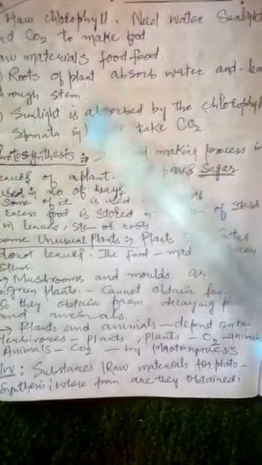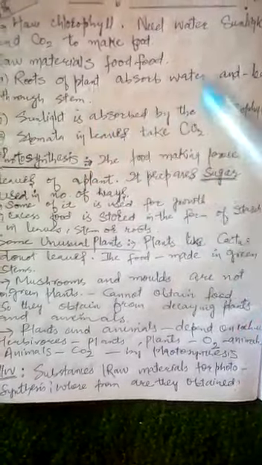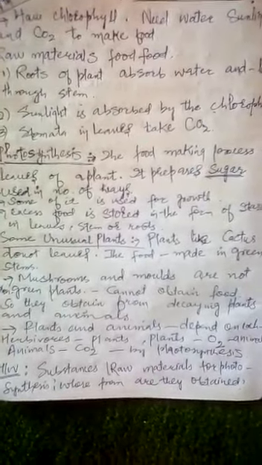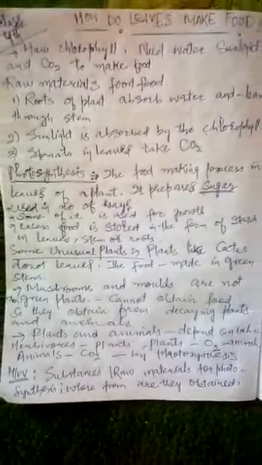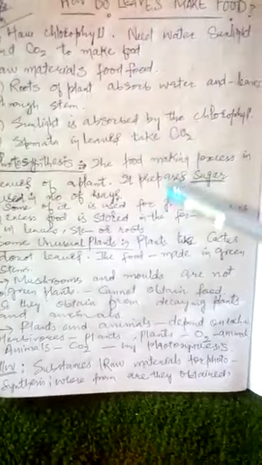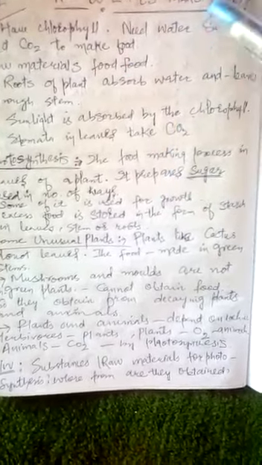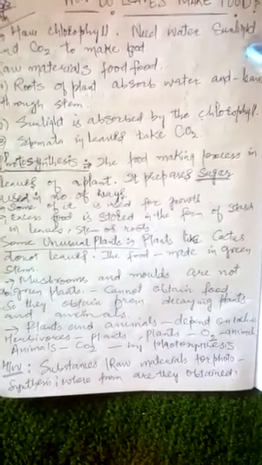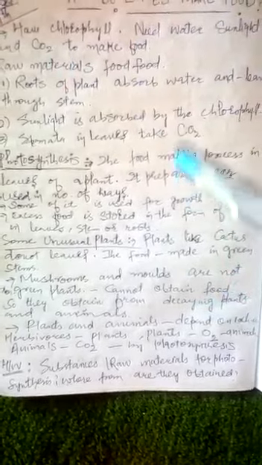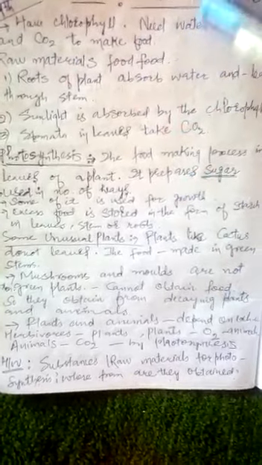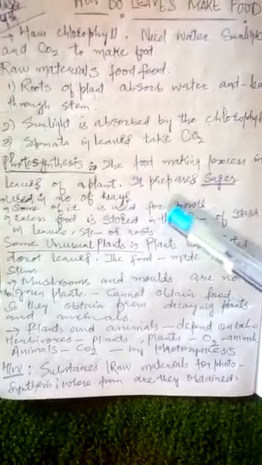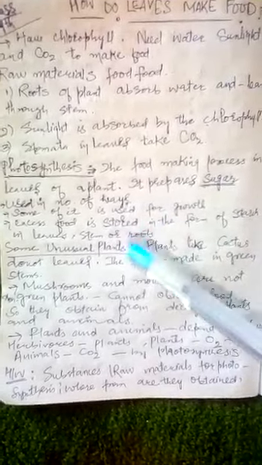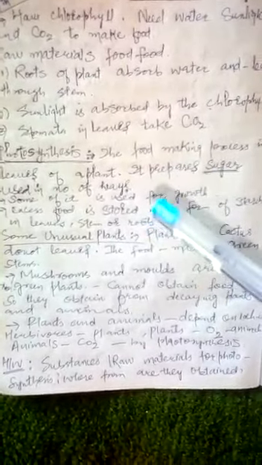Students, the stomata in the leaves take carbon dioxide. Now the different raw materials are present: water is present, sunlight is present, carbon dioxide and chlorophyll are present. Now what is the next step that the plant has to take to prepare its food?